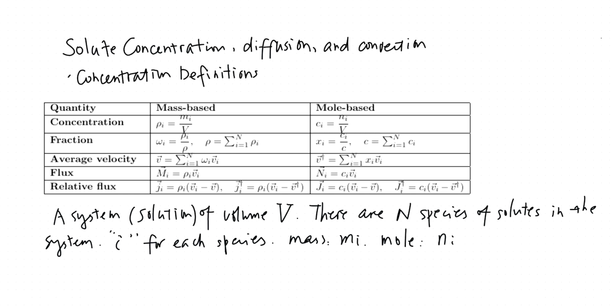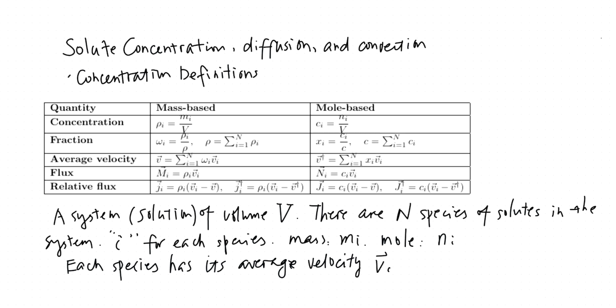And also each species has its own velocity, its average velocity. Note that velocity is a vector. Okay, so this is the setup.